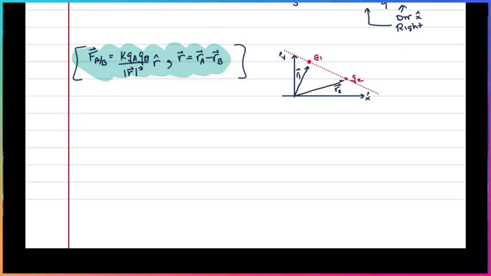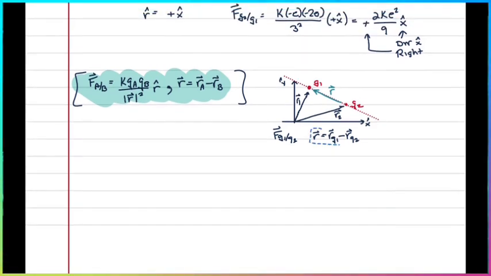And so then if I wanted to do the force on Q1 from Q2, then the R vector, we said was going to be RQ1 minus RQ2, which is going to point to Q1 from Q2. It's going to point just by the definition of how you add and subtract vectors in that direction. And indeed, it falls along the line as we expect, that dotted line. So this formula will even work when things are not nice horizontal lines.